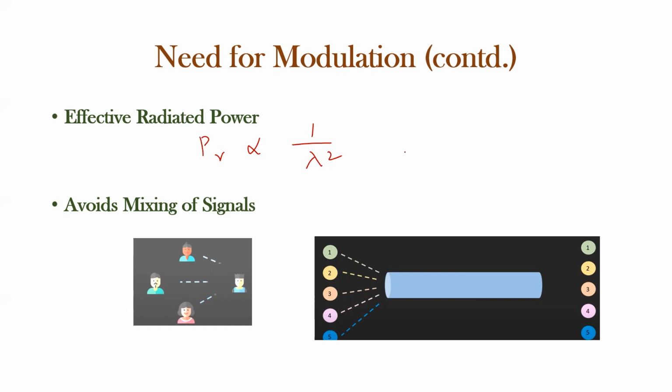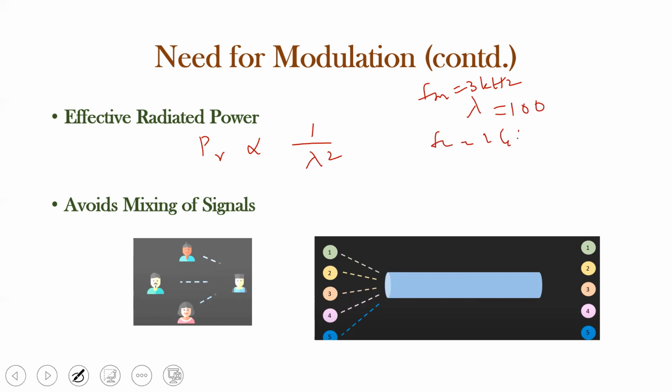Okay. Now, as in the previous example, what we have seen is, when frequency is 3 kilohertz, lambda is 100, right? And when frequency is 1 gigahertz, we have got lambda as 0.3 meter.